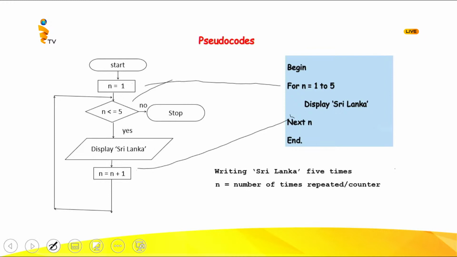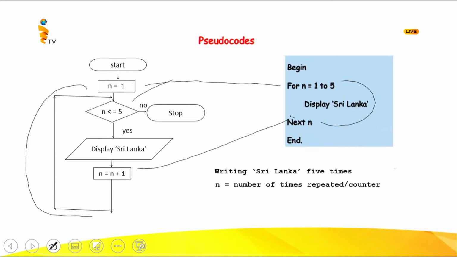Then initially my n is 1. I will display Sri Lanka once. Then I will increment n by 1. Then I will go back. This is the loop. Now this loop will work when n is less than or equal to 5, it checks, and if yes, it will go on till this becomes false.